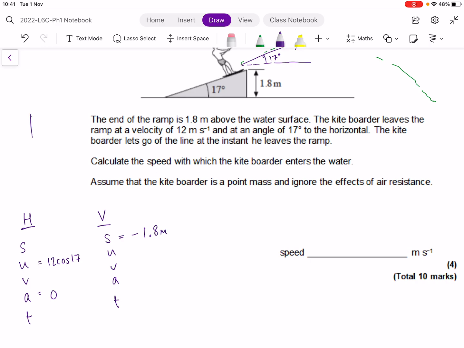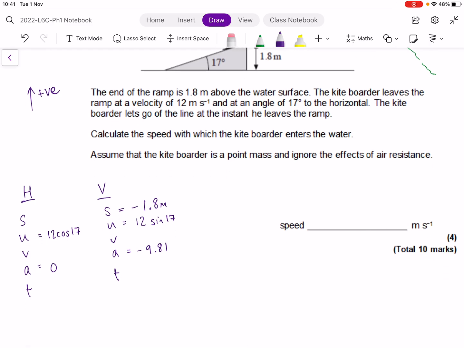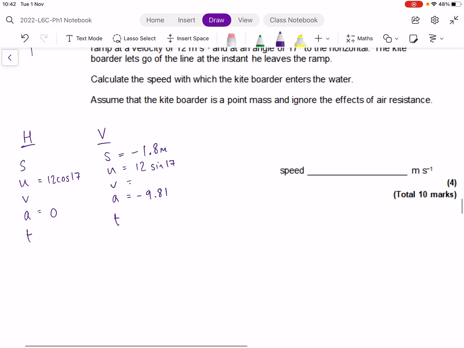So I'm choosing upwards as the positive direction. His initial velocity was 12 sine 17. His acceleration downwards was minus 9.81. Okay, so let's see if we can figure out his final velocity here. We should be able to. So we've got SUVAT, v squared equals u squared plus 2as.